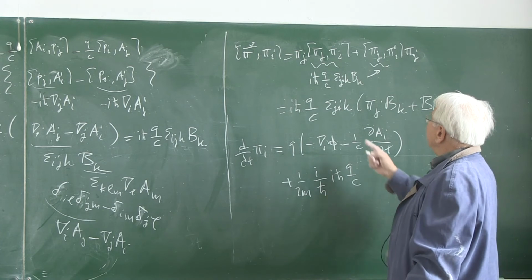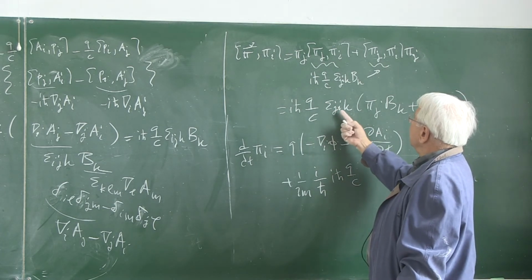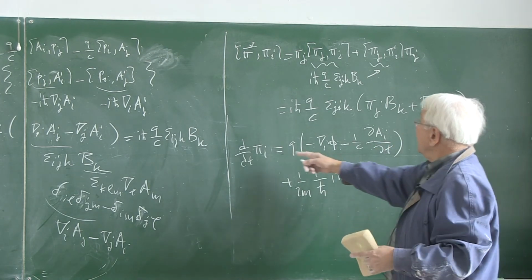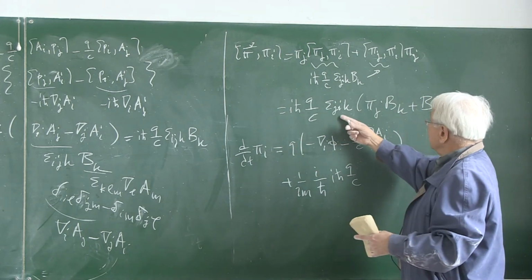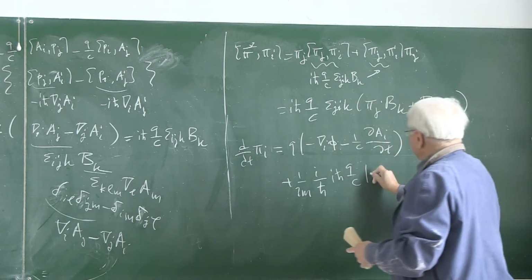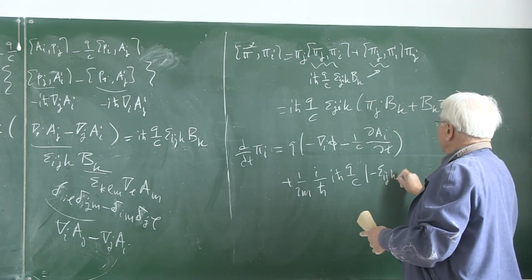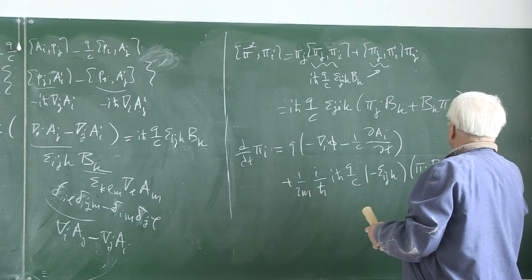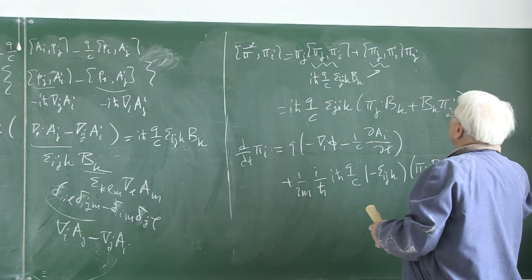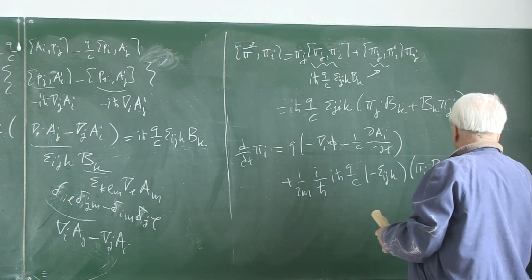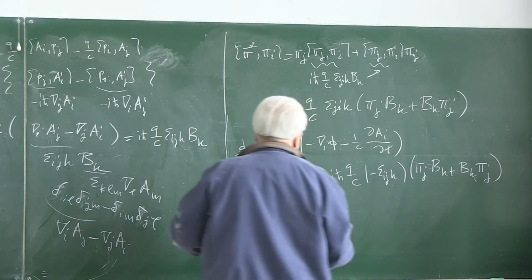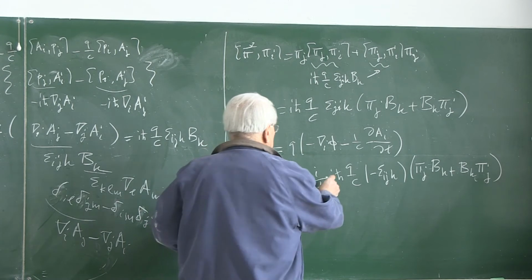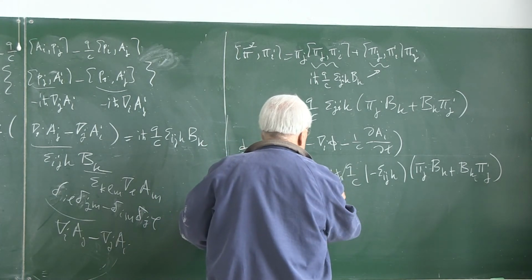Now let me go to ijk. Change the sign to get the correct logic, because i is the free index, so I need to change the sign. If I go to epsilon minus ijk, pi_j b_k plus b_k pi_j. Now let me do some cancellations before proceeding any further. h bar cancels h bar. i and i is minus.